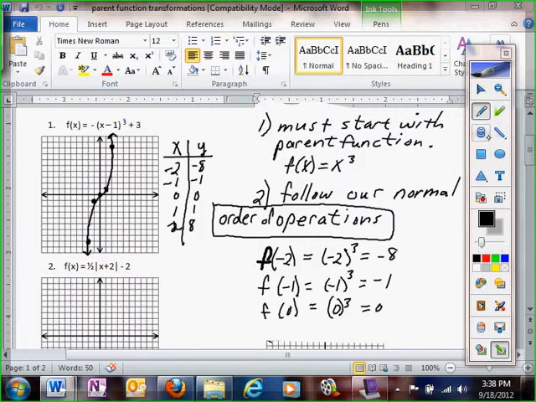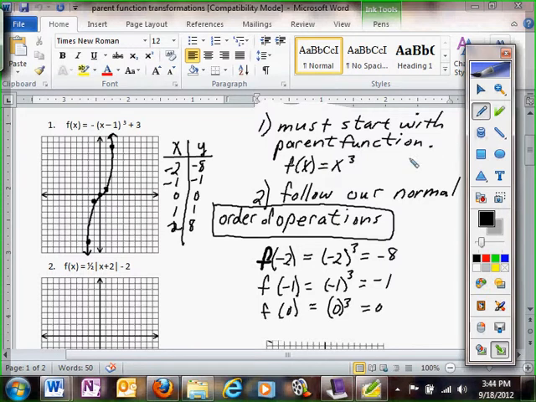So how does this work now? Now that I have my parent graphed, I can use the order of operations to do all the transformations. But first I have to notice what kind of transformations I have taking place here. What I'm about to do, you may not want to write down on your papers as you're following me. I'm going to show you two ways of how to do this.